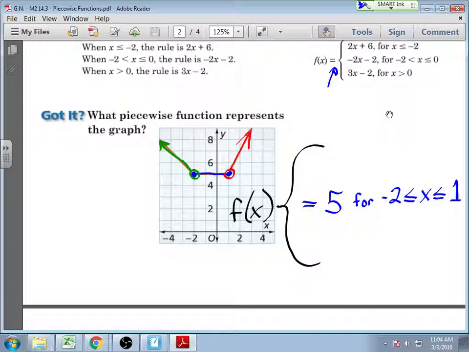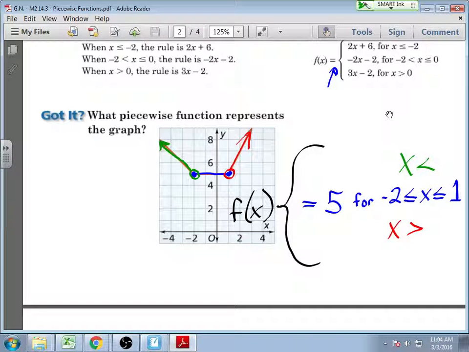One of them, either my green graph or my blue graph, has to include it. When I make my blue graph include it, then my green and my red will not, which is easier for me, because I know here, x is going to be greater than and not equal. And then green, x is going to be less than and not equal.